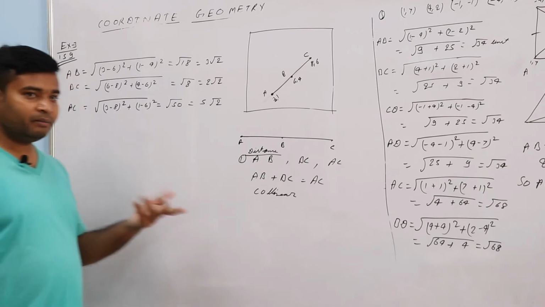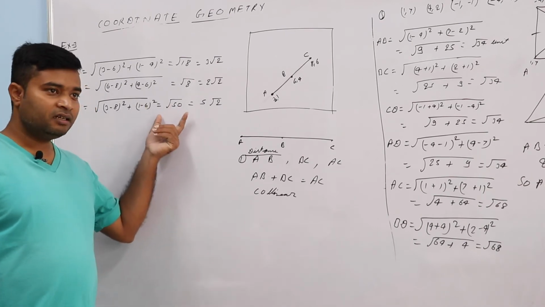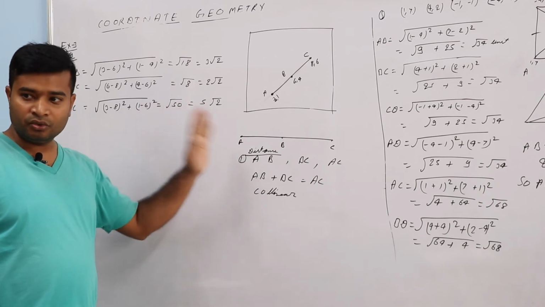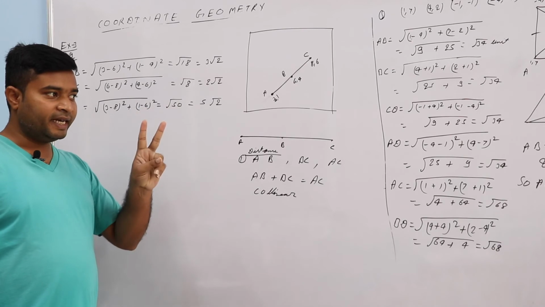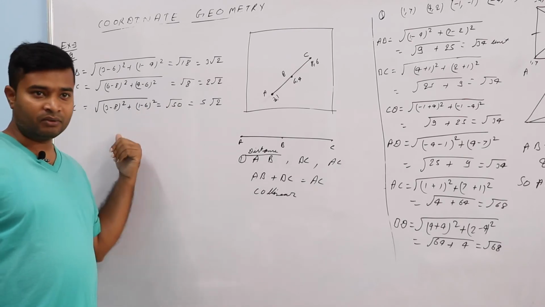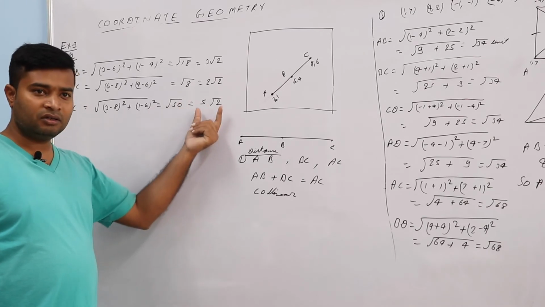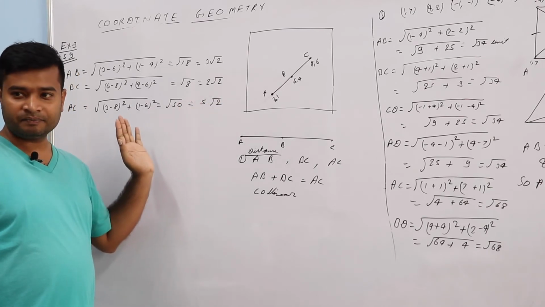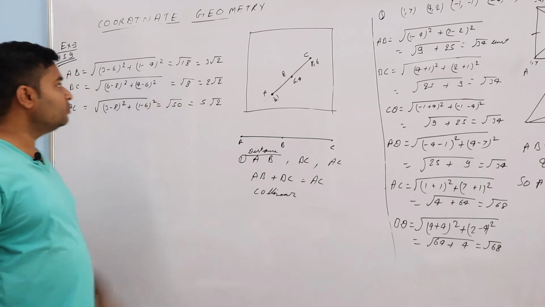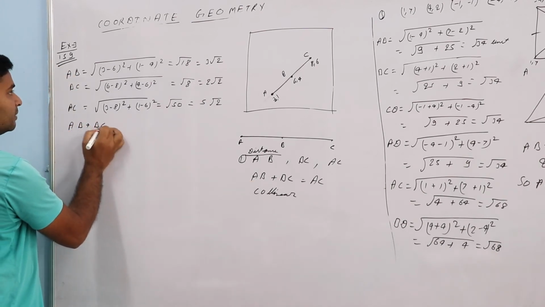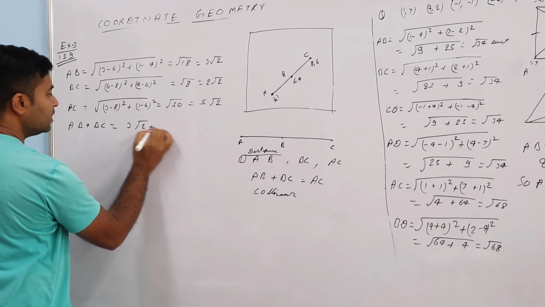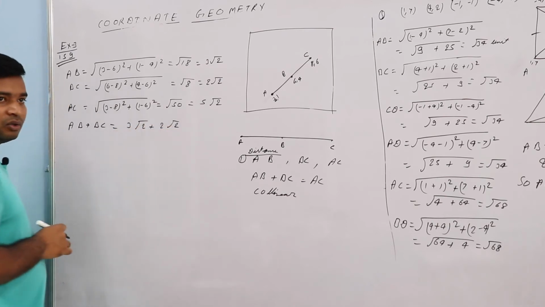I am repeating again. 50 is 5 into 5 into 2. If anything is a couple, that one will come out. So one 5 is taken out, root 2 is not a couple, so it stays inside. Now we should add AB plus BC, means 3 root 2 plus 2 root 2.